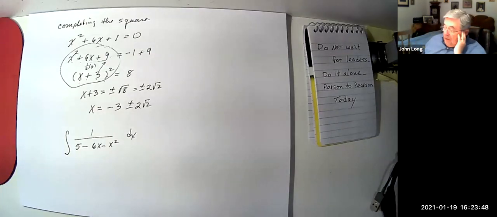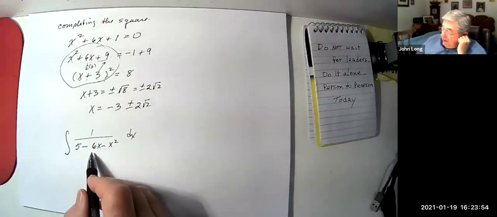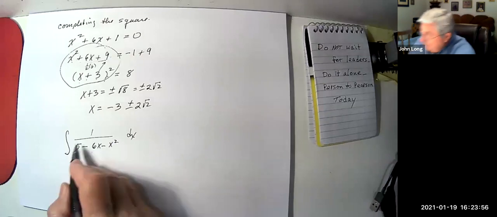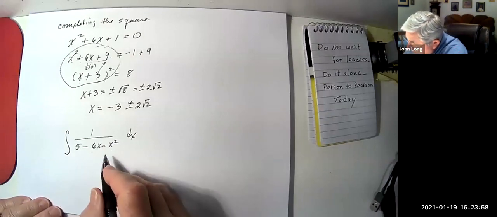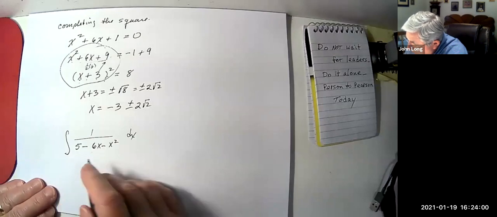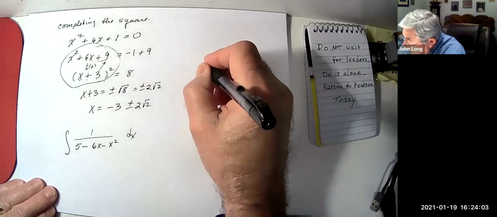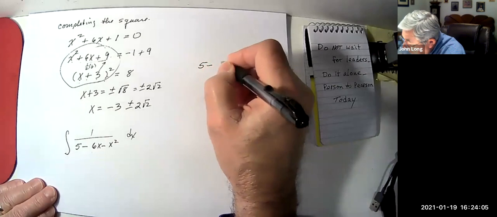And the question is, how can we deal with that? And the answer comes to looking at this whole denominator and seeing if we can complete the square on it. And so this is the denominator I have.